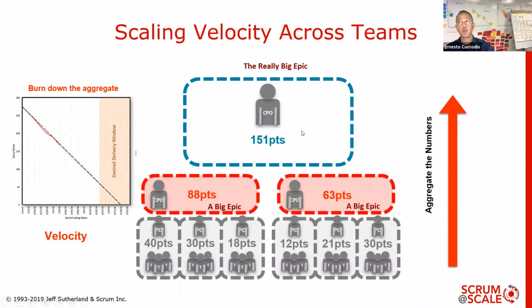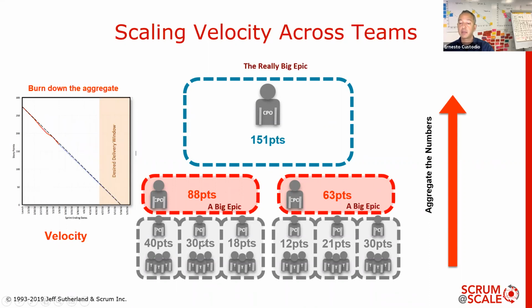Velocity works the same way. And this might be a surprise to some of you, right? Because we traditionally talk about the fact that the velocity and the points are specific to each team, and that still remains true. The key element here is that we can aggregate the velocity of the teams all the way up to the chief product owner, and it's still true to what the overall epic velocity is.